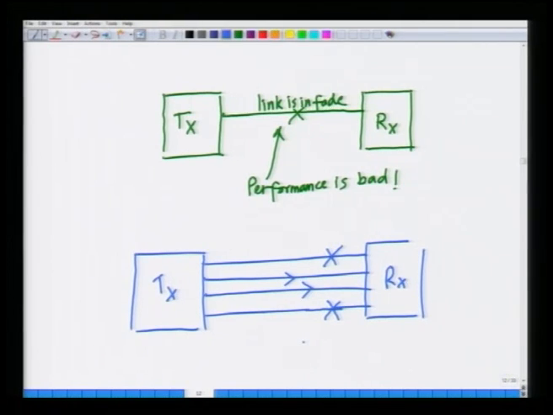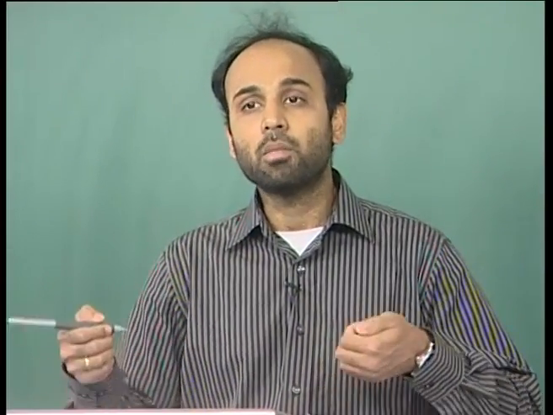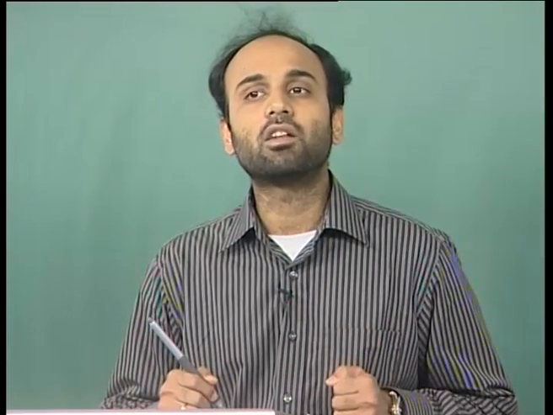So, instead of depending on a single link, that is a single transmit antenna and single receive antenna, I can now increase the number of antennas in this system. Remember there are already multiple paths, but now there are multiple links on which I can transmit information between the transmitter and receiver, so that even if 1 or 2 links amongst these multiple links are in a deep fade, the rest of the links successfully carry the information.